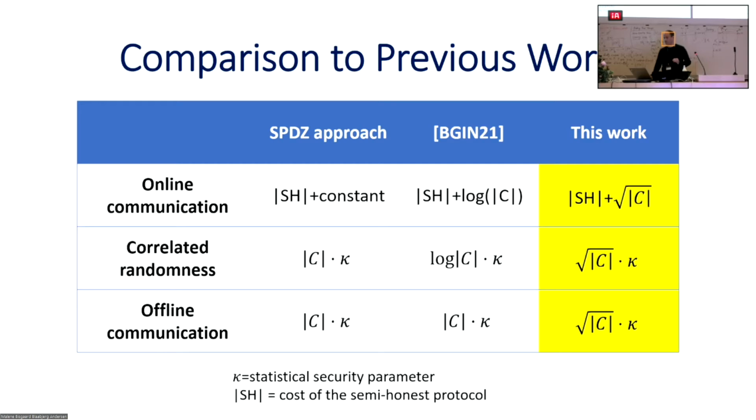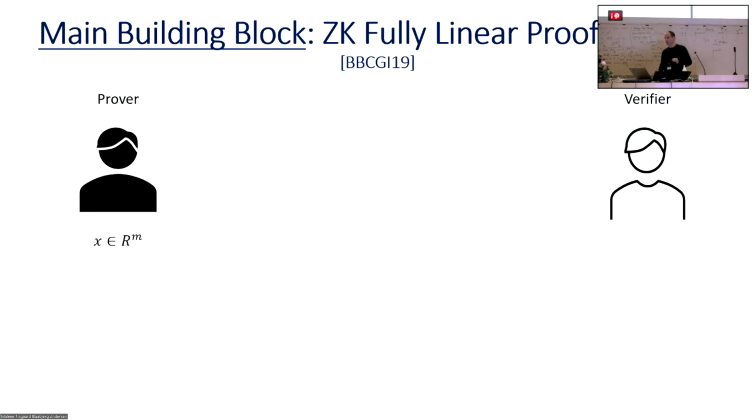So the main building block that we use for our verification protocol is zero knowledge fully linear proof systems due to Boneh et al. from Crypto 19. In this proof system, we have a prover who wants to prove some statement over an input X. This system works by letting the prover output a proof, pi.